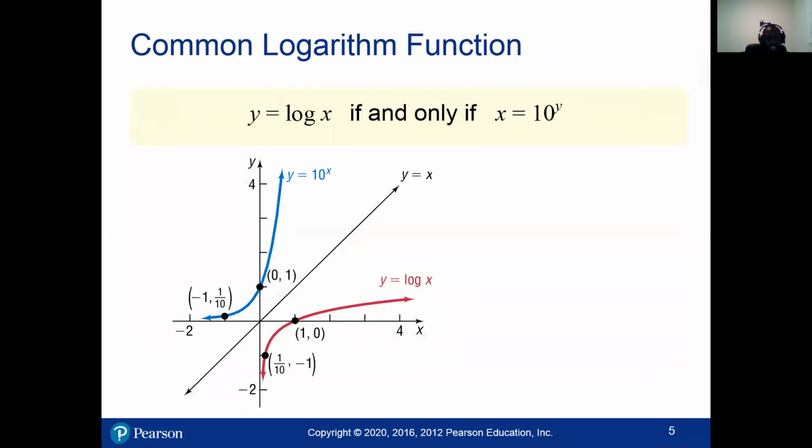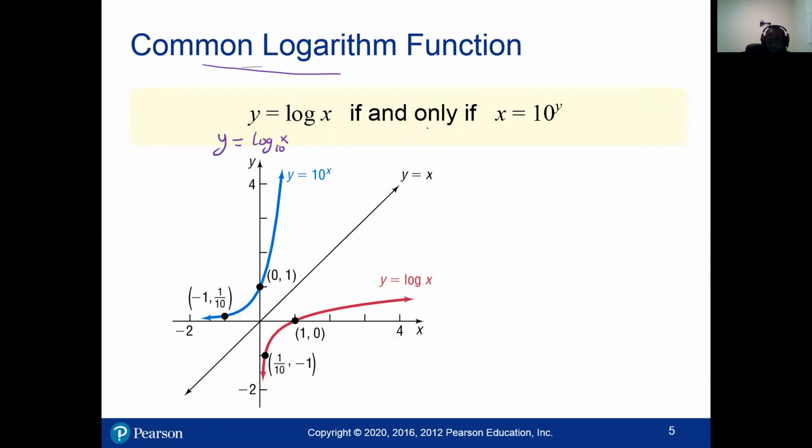All right, so here's another definition: common logarithmic function. If you write y equal to log x to the base 10, we can drop the 10 and just write log x. A log with the base 10 is what we call the common logarithm.